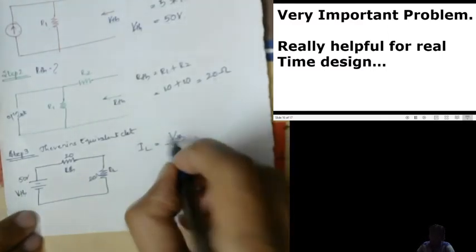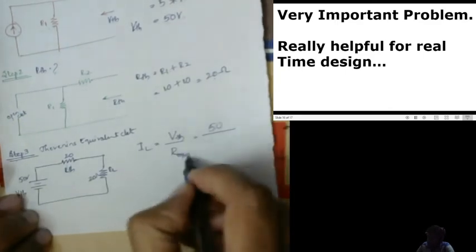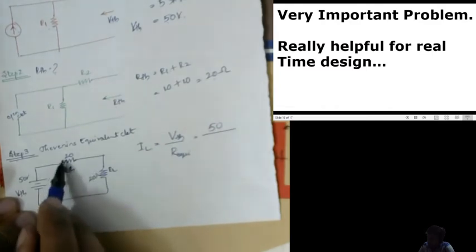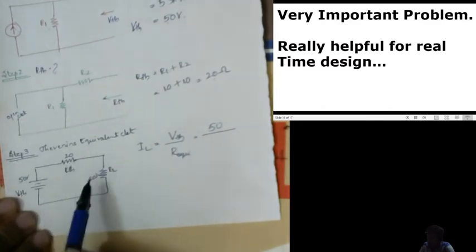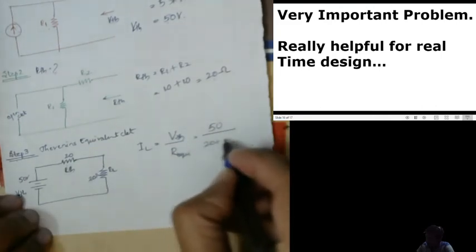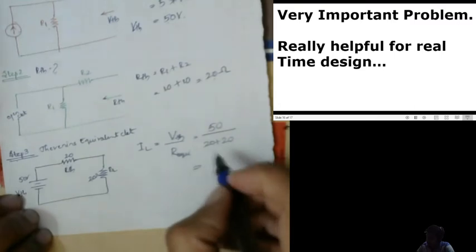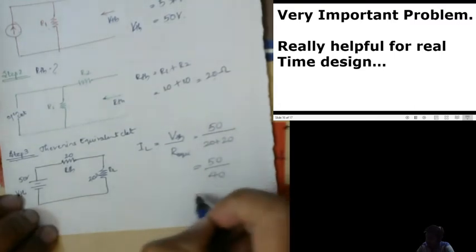VTS means 50. For R equivalent, these two resistors are connected in series. Therefore 20 is there, here also 20 is there. 20 plus 20 becomes 40, so 50 divided by 40.